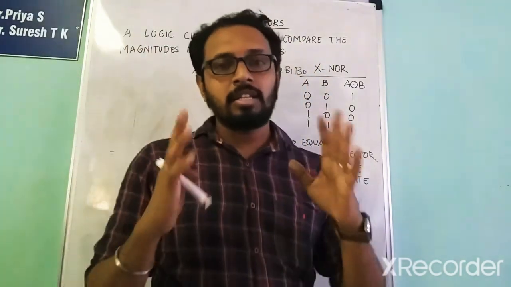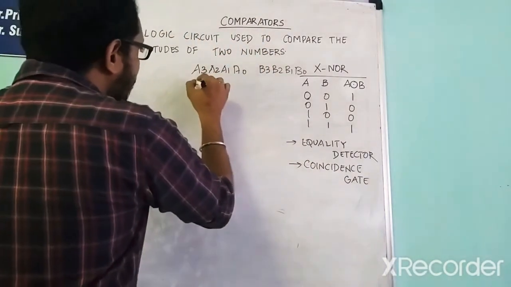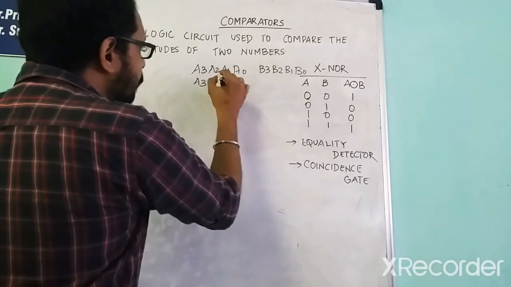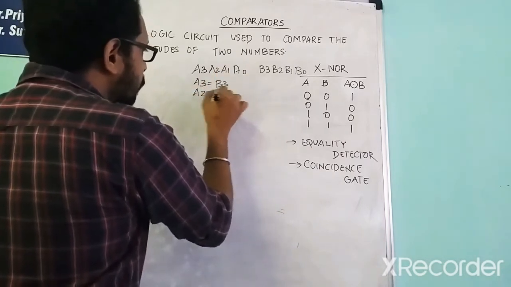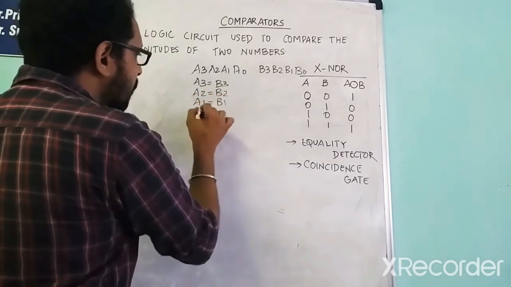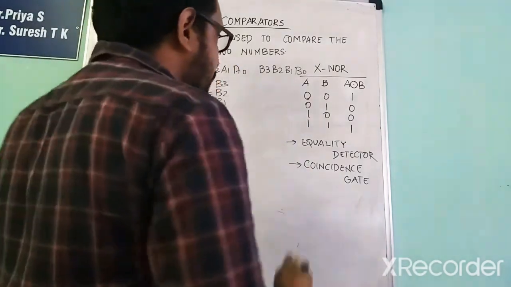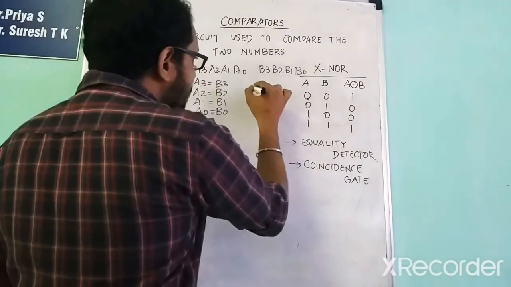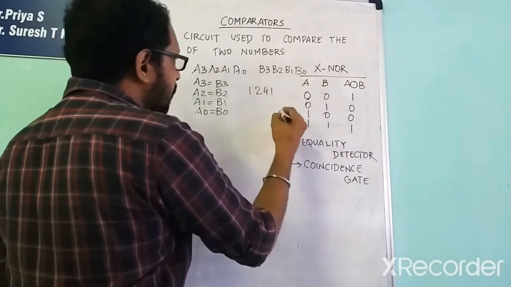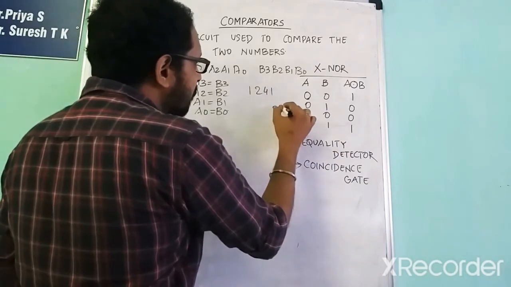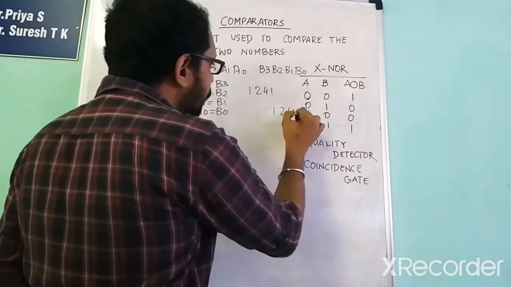We can say these two numbers are equal if A3 equals B3, A2 equals B2, A1 equals B1, and A0 equals B0. For example, if A3, A2, A1, A0 is 1, 2, 4, 1 and B3, B2, B1, B0 is also 1, 2, 4, 1.